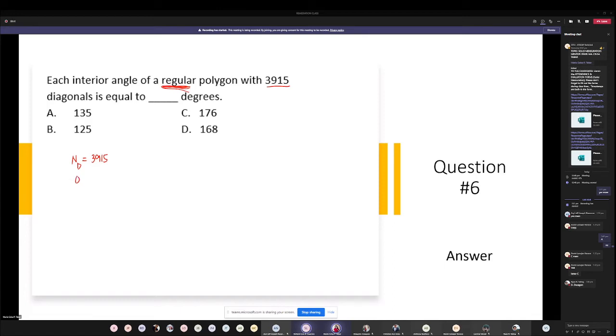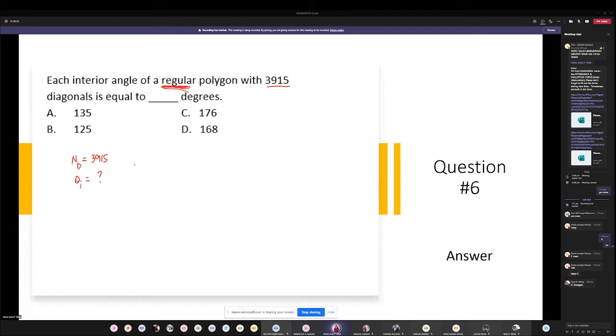We need to solve for the measurement of each interior angle, which needs the number of sides. We don't have a formula for the number of diagonals involving the measurement of each interior angle, so we need to solve first for n, then solve for the interior angle.